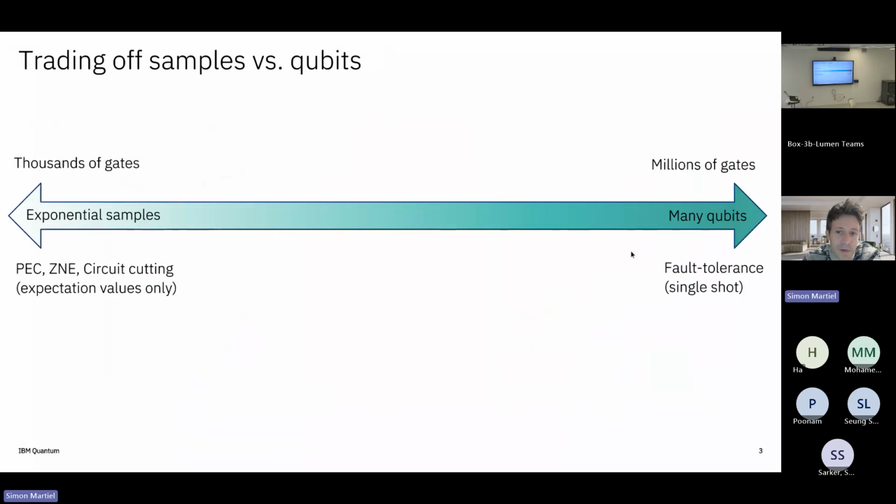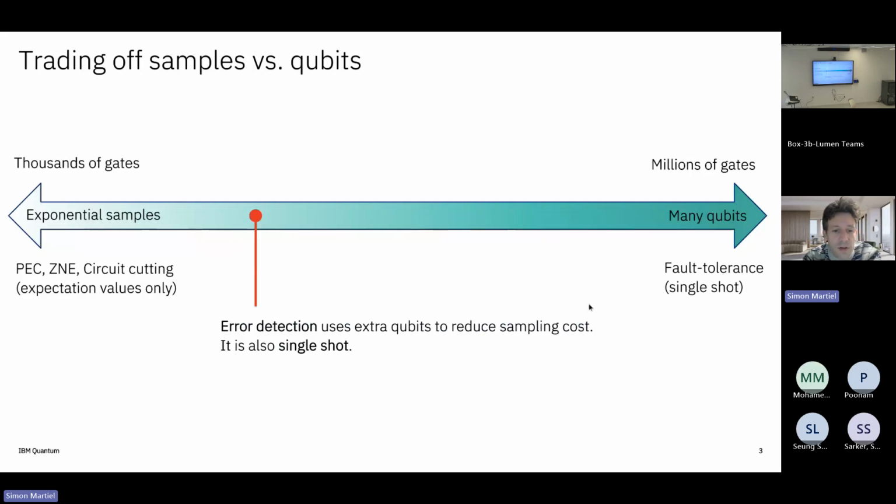Those two techniques are really both ends of the same spectrum. On one side, you can run a few gates and pay a price of an exponential number of samples, and you can only basically do expectation values, because those techniques rely on statistical analysis of many runs. On the other hand, you have quantum error correction, where you can run millions of gates with many qubits, and you get fault tolerance, meaning that you can have single-shot access to a good quality quantum state at the end of the computation.